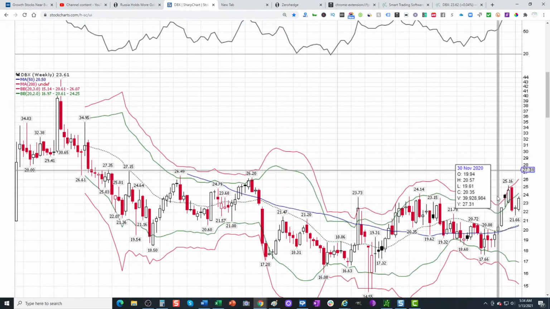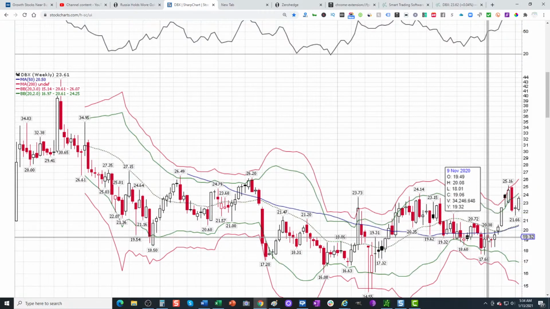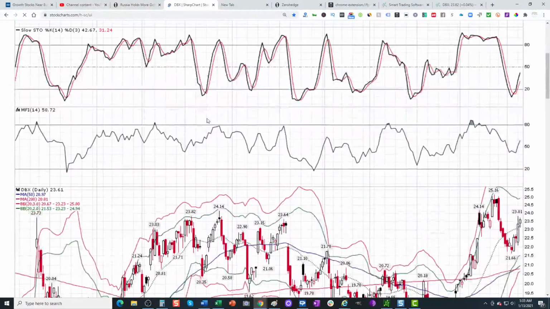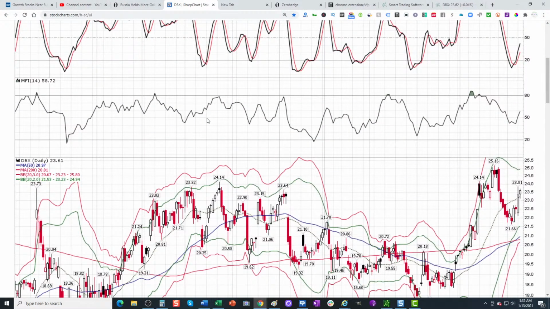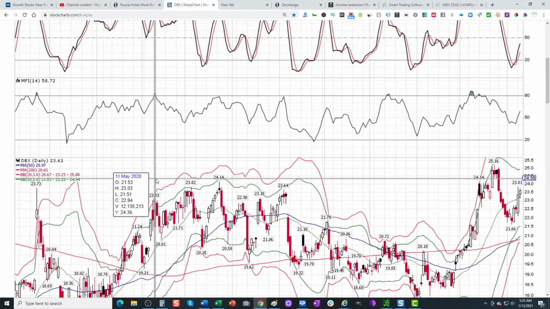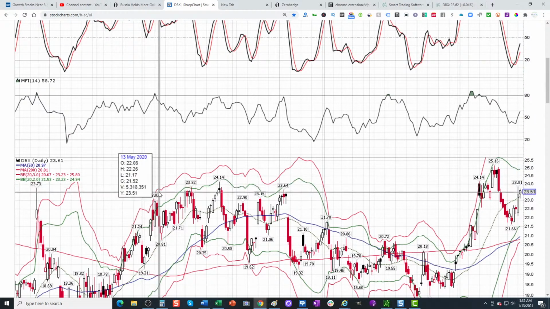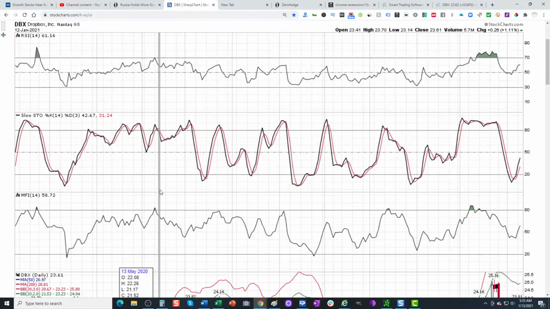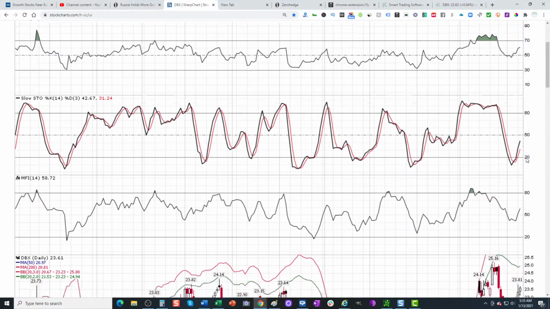Yeah, we're looking good. We're very close to a breakout. Higher lows getting put in. Daily chart. Wait for these stochastics to either close above 50.